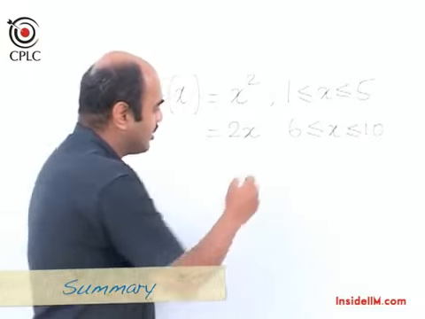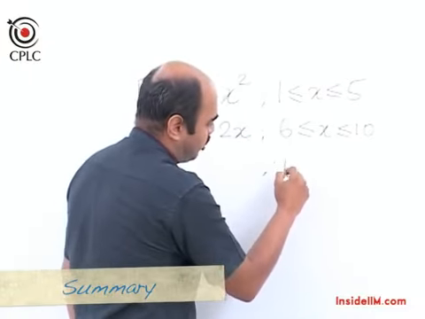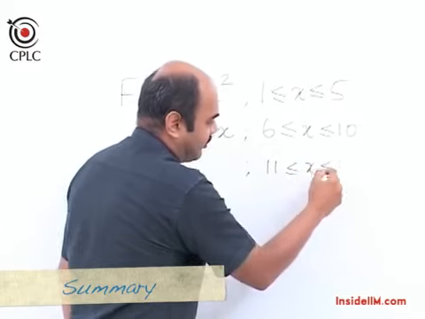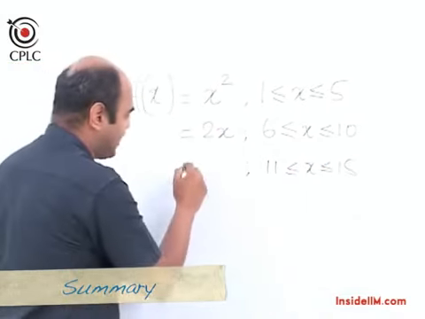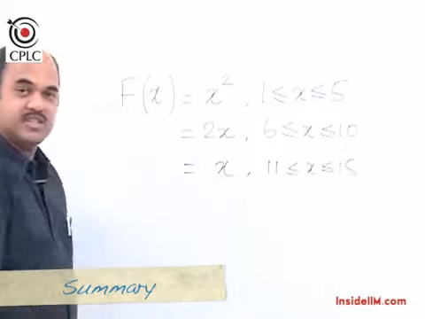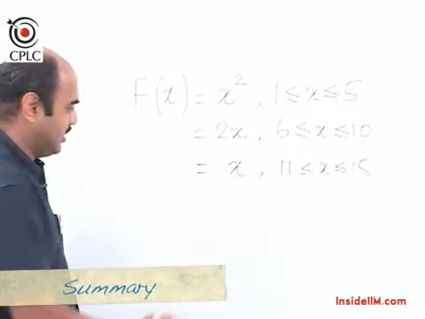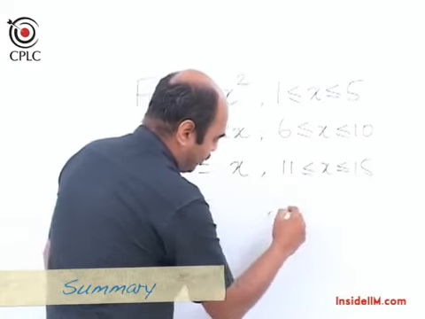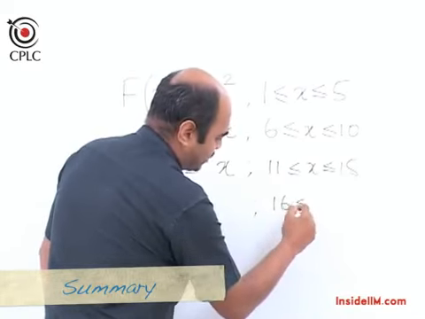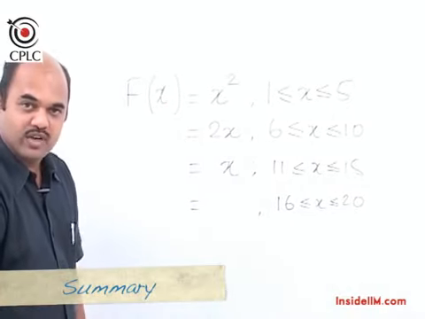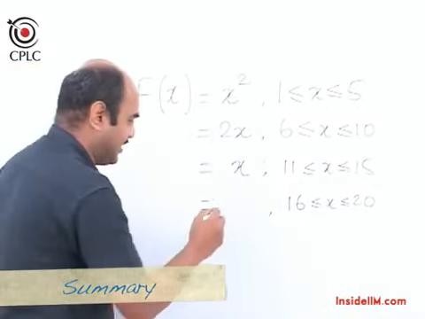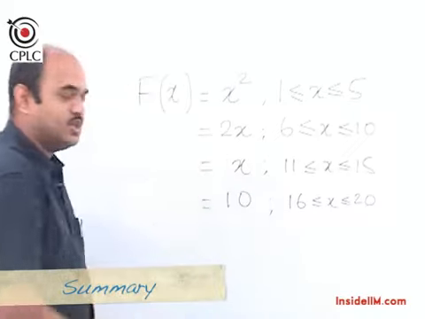If we look at the third set, which means from over numbers 11 to 15, then the number of runs scored in any one over is equal to the over number, which means f(x) is equal to x. And finally, for the last 5 overs, which means from over 16 to 20, the number of runs scored is a constant and there are 10 runs scored in each over.